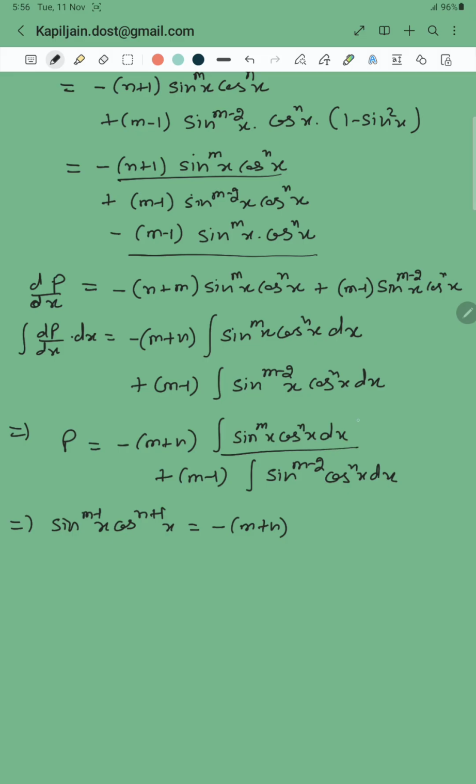Let's say this integral is I1 and this integral is I2. So right hand side is minus m plus n I1 plus m minus 1 into I2.